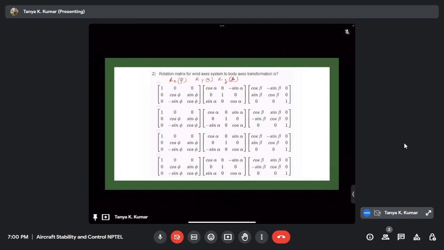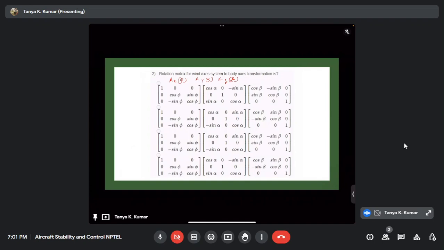Which is it? It's the first option, right?